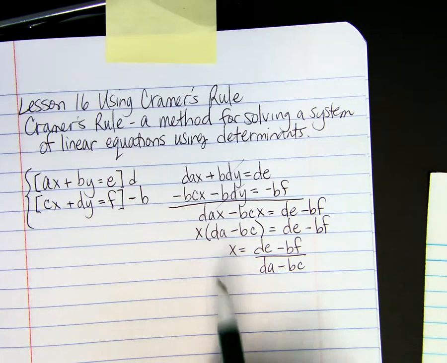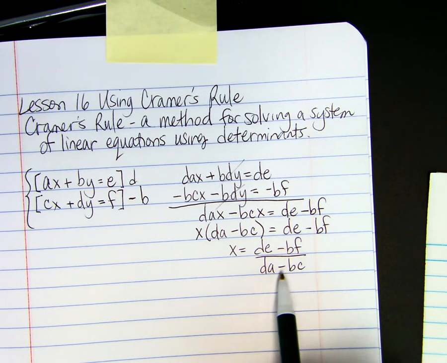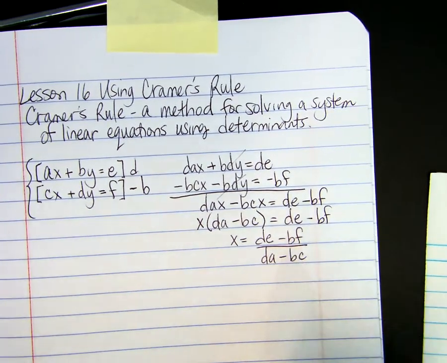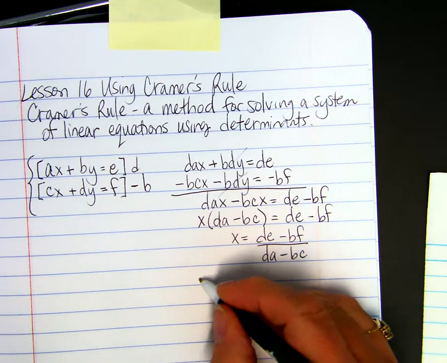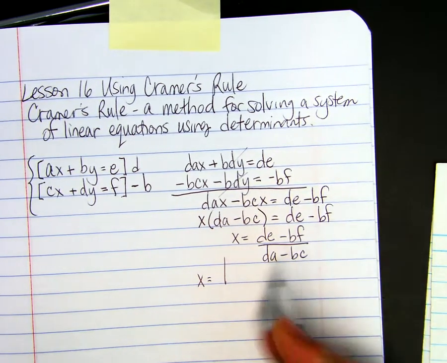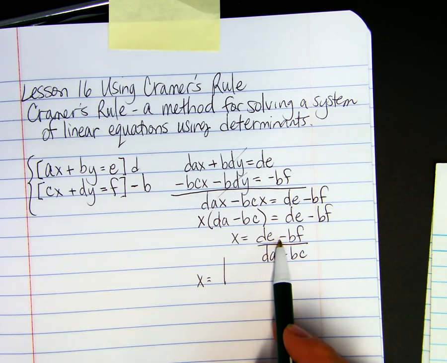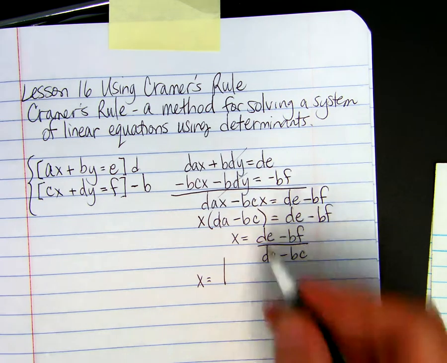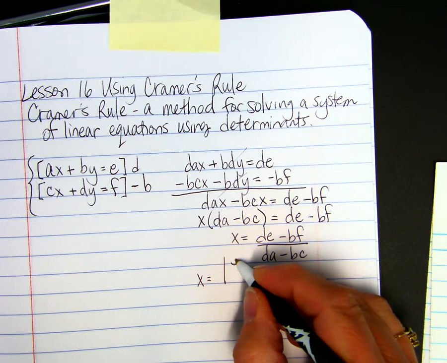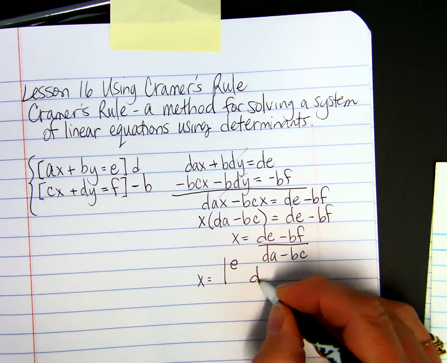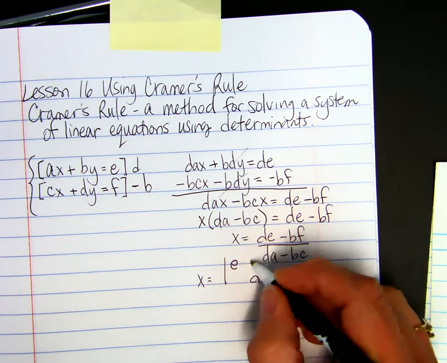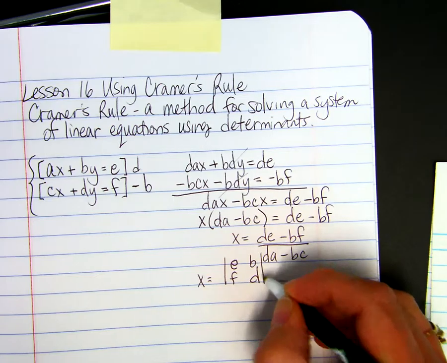Now what's super awesome is these are determinants of matrices. So I can say that x equals the determinant of the matrix with rows e, b and f, d, which is ed minus bf. That's a determinant.